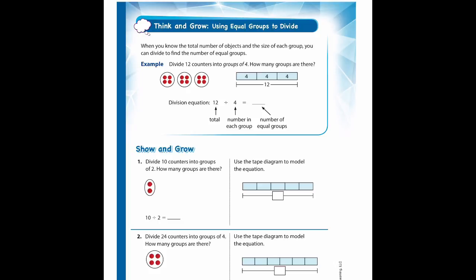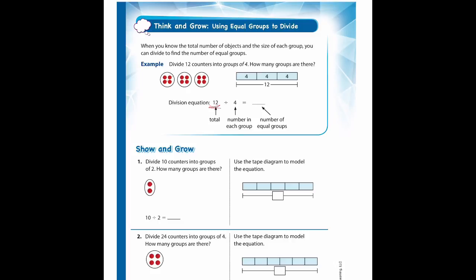So today we're going to divide 12 counters into groups of 4. And in this example, we have 12 counters: 1, 2, 3, 4, 5, 6, 7, 8, 9, 10, 11, 12. So we have 12 total counters, and then we are putting 4 in each group. How many groups can we make with those?